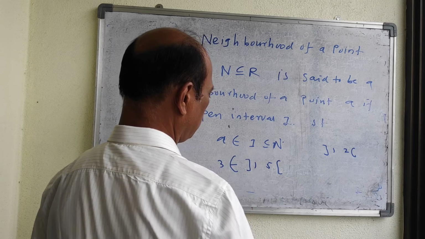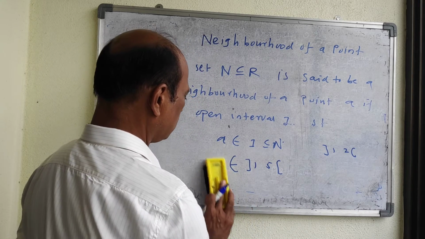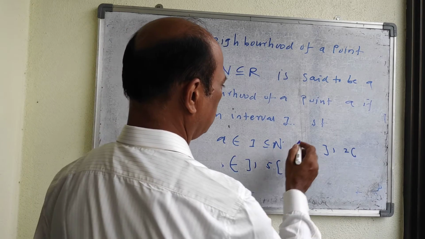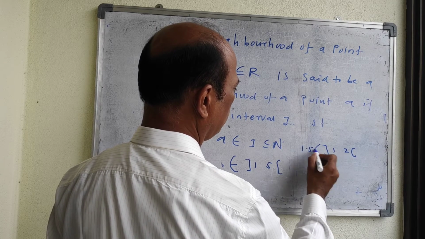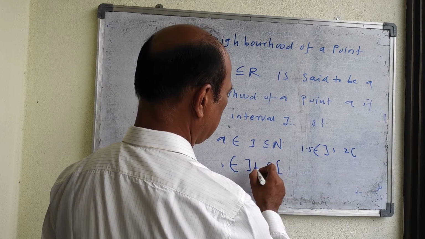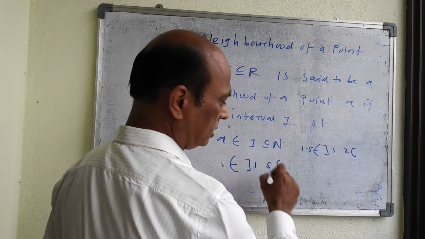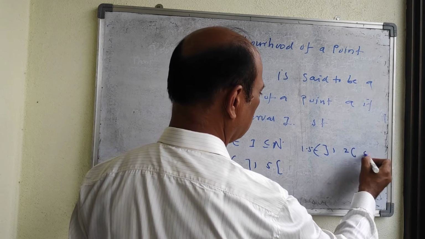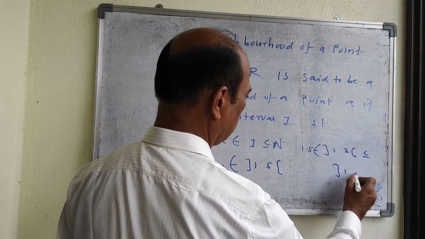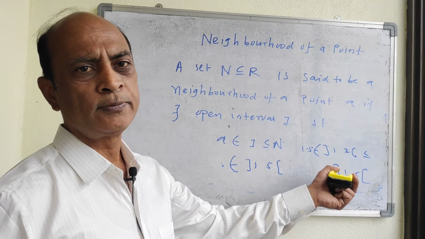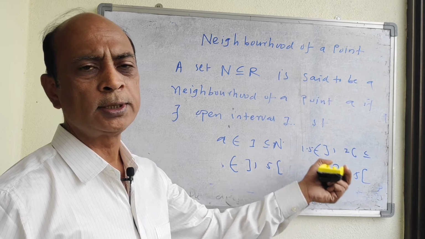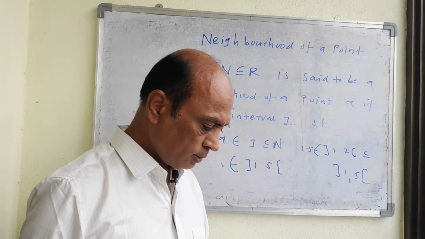Does 3 belong to (1, 2)? No. Suppose I take 1.5. 1.5 belongs to this, and it is a subset of the open interval (1, 5), and therefore it is the neighborhood of that point. So this is a very important concept of neighborhood.